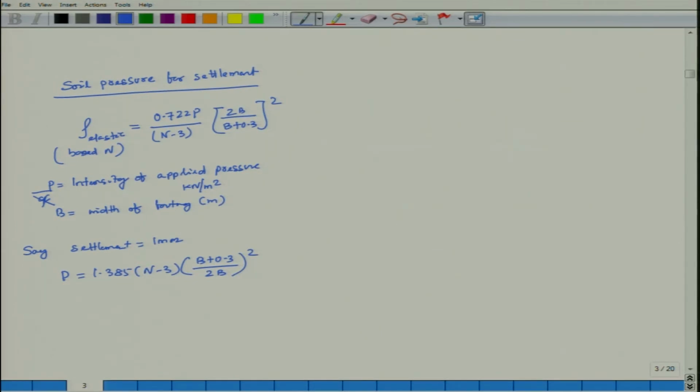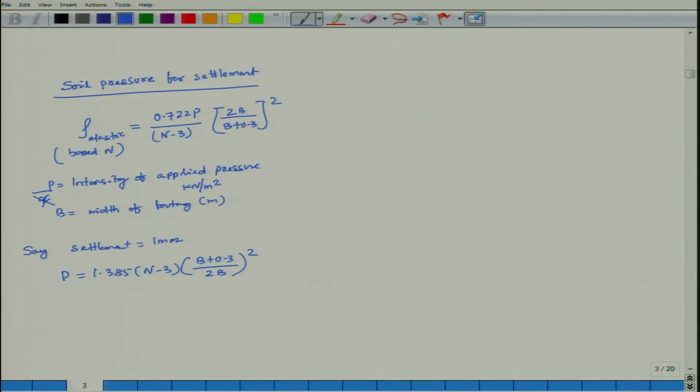So, P is your soil pressure, the intensity of applied pressure.